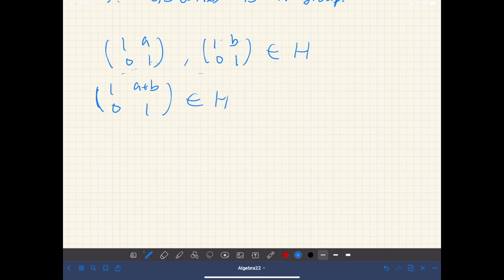So the product belongs to the subset H. So the closure condition is satisfied.